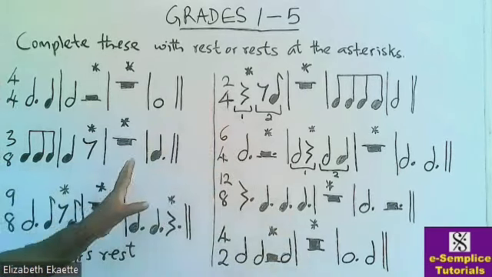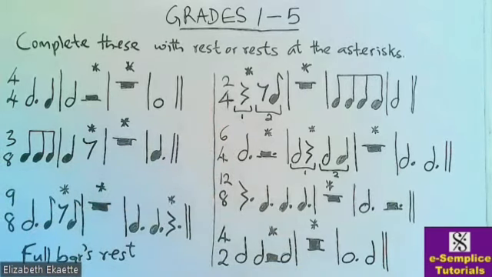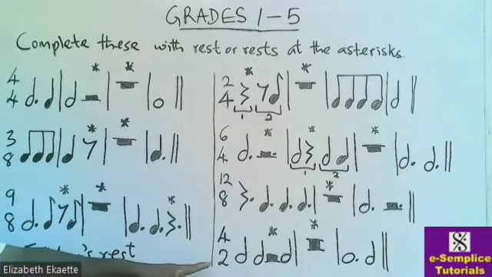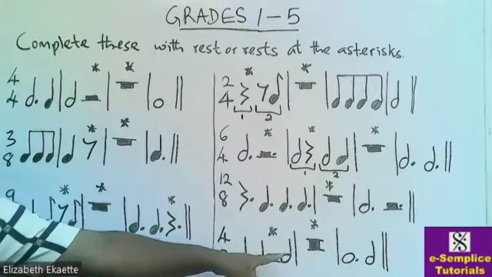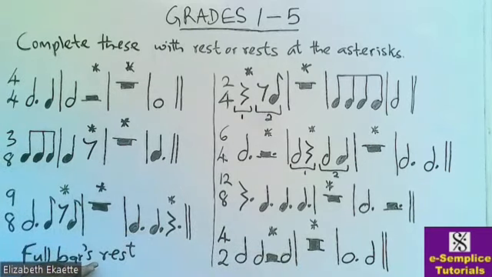But in all other time signatures, whether simple or compound, a silent bar is filled with full bars rest, except in 4/2 time. A silent bar in 4/2 time is filled with a breve rest. Don't forget this when you are writing your exams.